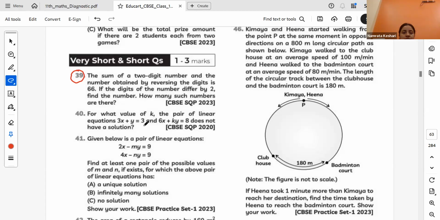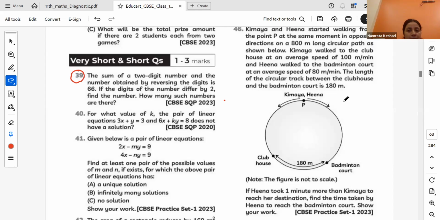Ma'am, x plus y is equal to 66 and x minus y is equal to 2. Okay, let me check. The sum of a two-digit number and the number obtained by reversing the digits is 66. What do you see as the first equation, Ryan?